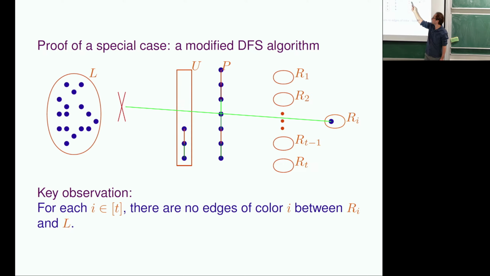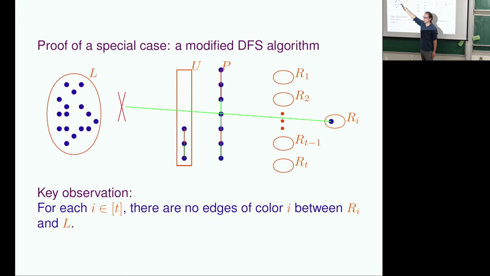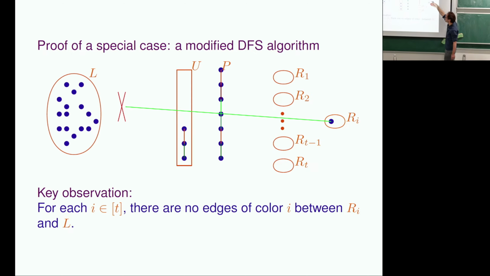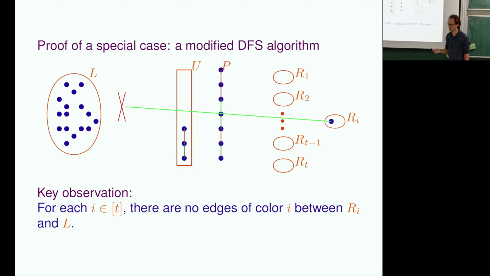The reason that we moved the vertex from U over into Ri is because there was no edge from that vertex going into L. So at every stage of the algorithm, there's no edge in Gi between Ri and the vertices of L. Now we know that each of these graphs is an (n, d, lambda) graph, so we can apply the expander mixing lemma to bound the size of the product of Ri and L. The plan is to use this observation together with the expander mixing lemma to bound the size of the product of Ri and L for each i.